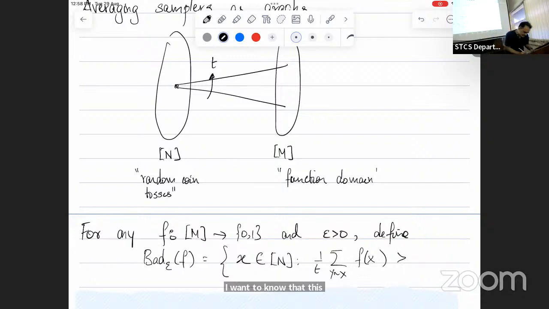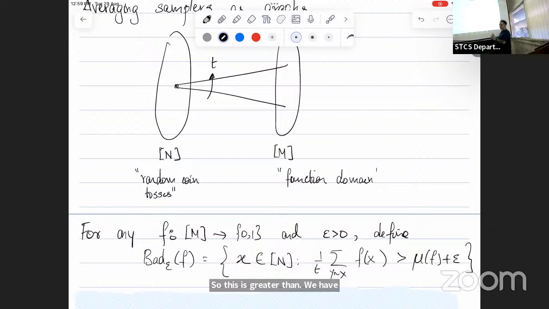So this is greater than mu of f plus epsilon, with respect to the function f and the target accuracy. Right now I'm doing it for just one direction, because the requirement will work for all f, so you can replace f by minus f. So basically, this is the set of bad coin tosses, as far as the algorithm is concerned, if it was given this function as input and this was the expected accuracy.